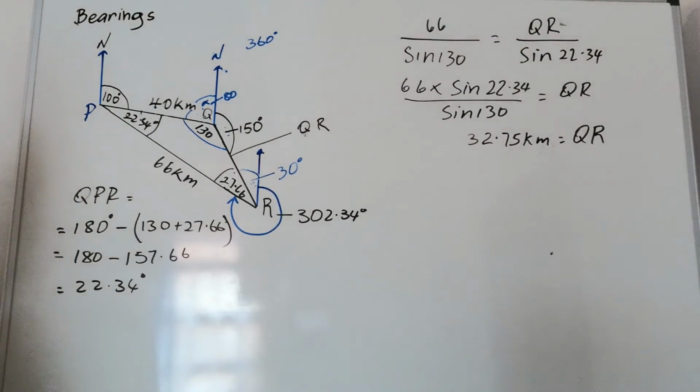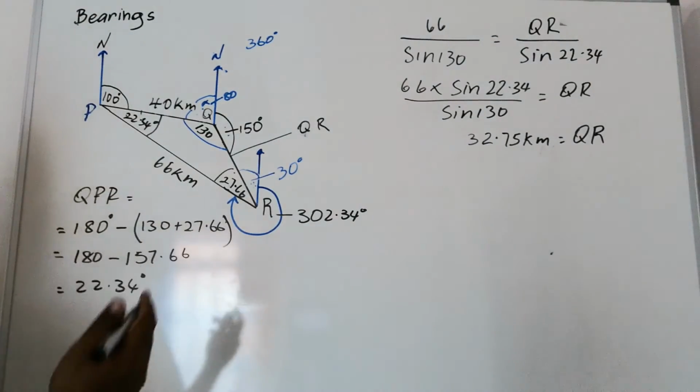Now, I know someone might ask, what about if we use the cosine rule? Can we find QR using our cosine rule formula? And yes, we can use the cosine rule, and we will get our same answer. So let's check.